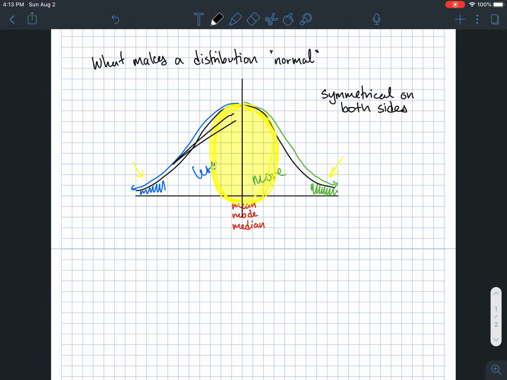This whole side here looks identical to this whole side here. So we have that symmetry. The other thing we talked about was that the mean, median, and the mode are all the same.